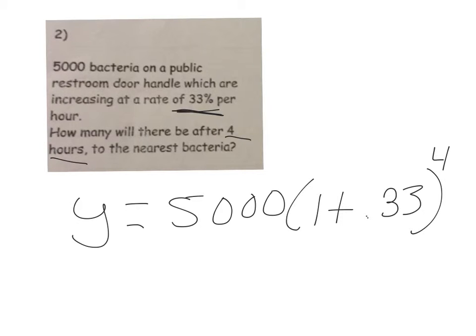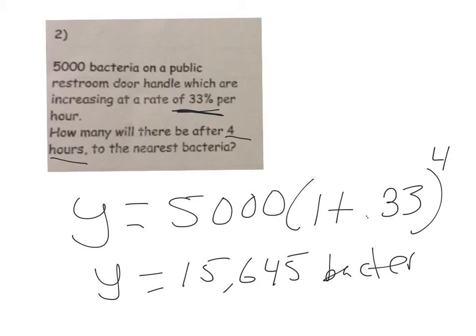So in your calculators, you should be typing in 5,000 times 1 plus 0.33 to the 4th power. And it wanted it to the nearest bacteria. You've got 15,645.0. So it's 15,645 bacteria. That's disgusting.